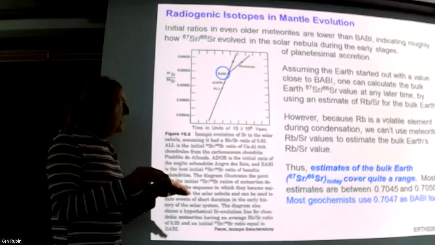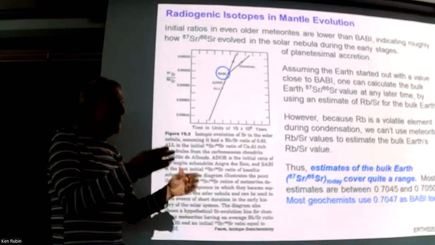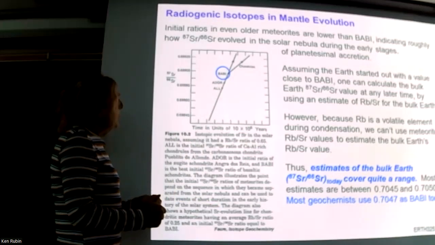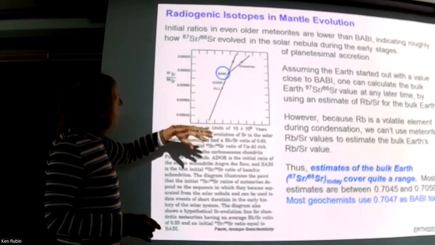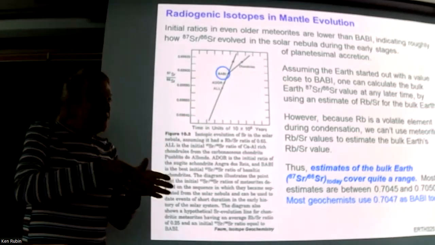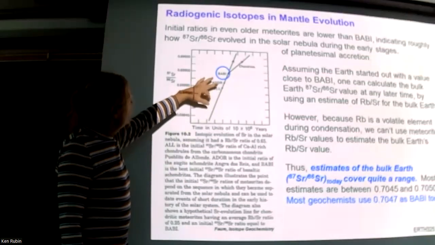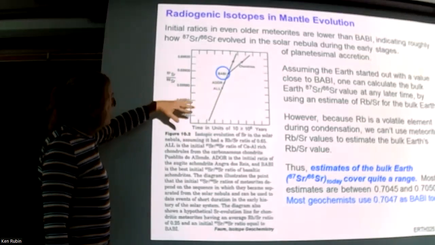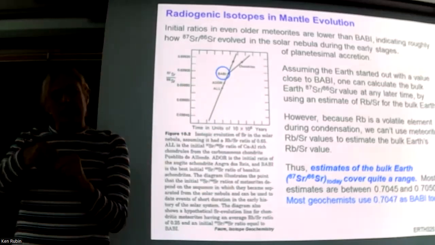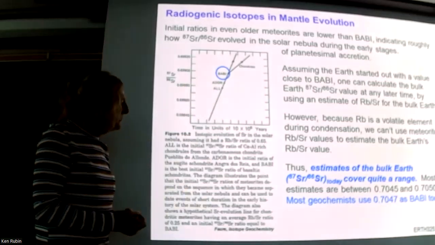You could also think about it as variations in rubidium strontium all at the same time. But when you plot up enough of these together, you can distinguish that.